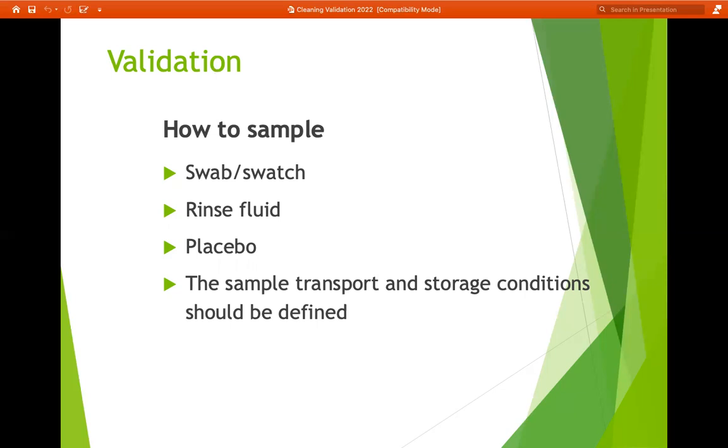Rinse fluid, the containers for the rinse fluid, closing of the container, then covering of the container and transportation of the container from production to the QC department shall be defined very carefully. It shall not get contaminated in between, and the transportation of the sample shall be done very carefully.